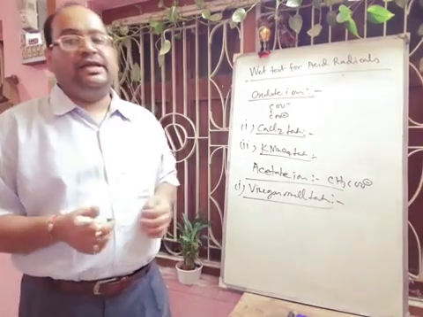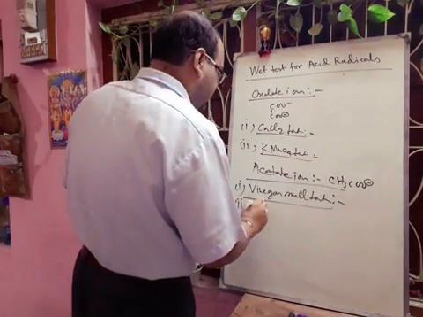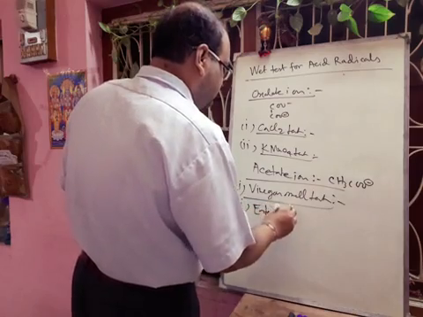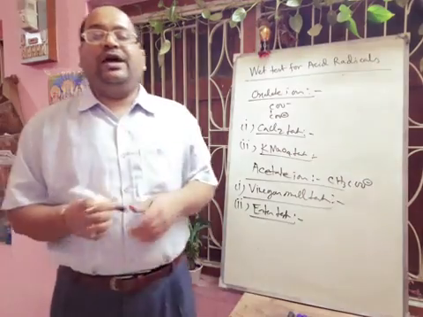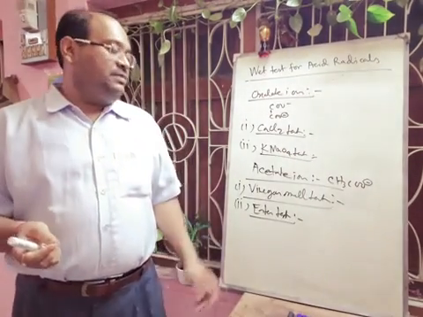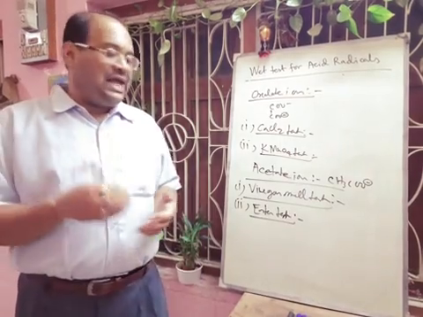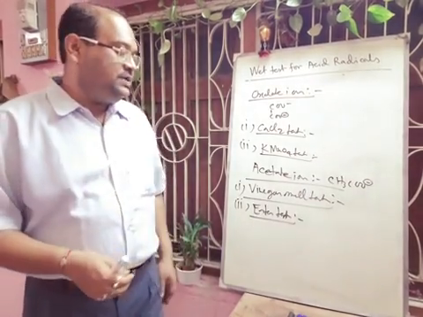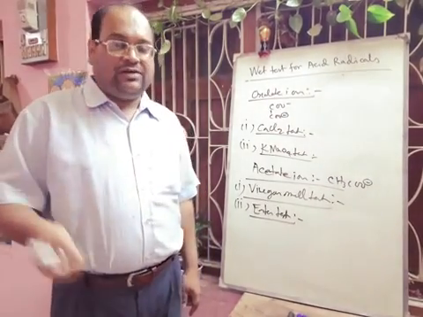Next, the confirmatory test is the esterification test, or ester test. How do we perform this test? We take the sample, that means your acetate sample, then add ethyl alcohol and concentrated sulfuric acid, and the mixture is heated strongly in a hot water bath because alcohol is there.